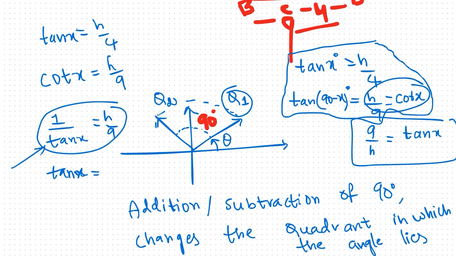So tan means you flip the fraction: 9 by h. If you want to bring it up, it is down, so 9 by h. So tan x was 9 by h. It is also equal to h by 4. So 9 by h is equal to h by 4.